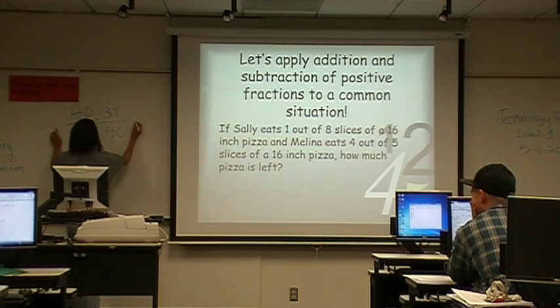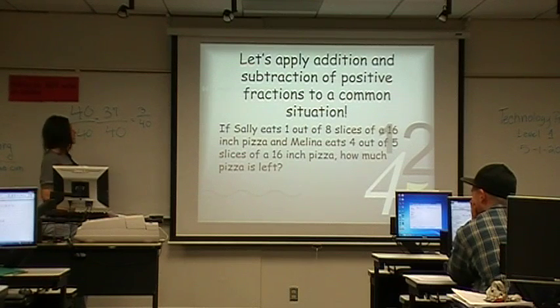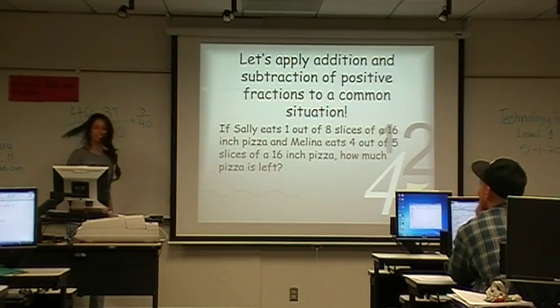So if you subtract 37 from 40, the amount of pizza that would be left would be 3 out of 40. And is this fraction in lowest terms? Does anyone know? Yeah. Very good, it is in lowest terms.